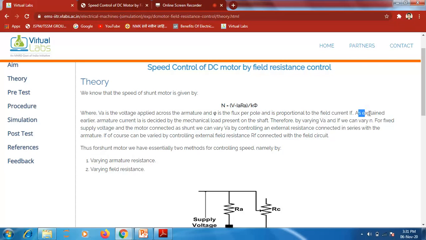As explained earlier, the armature current Ia is decided by the mechanical load present on the shaft. Therefore, by varying Va, we can vary the value of N, which is nothing but the speed.